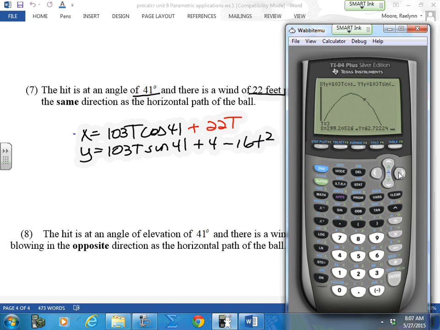Now let's take that wind speed and put that wind speed against him. How am I going to put that wind speed against him? Subtract. Good. Let's come to this and make it a subtract. So let's come in here. We change our X. Now the wind's going to hold up this ball, right?